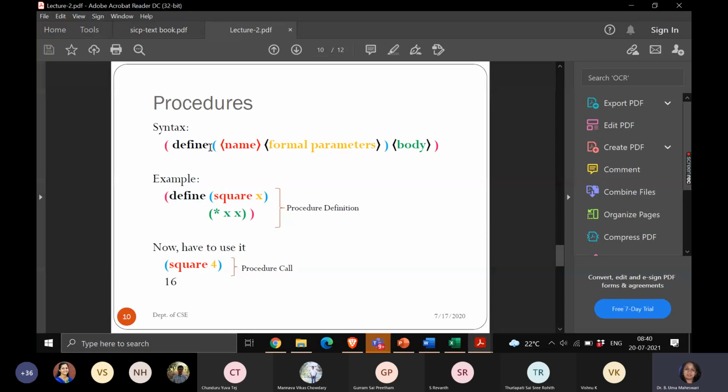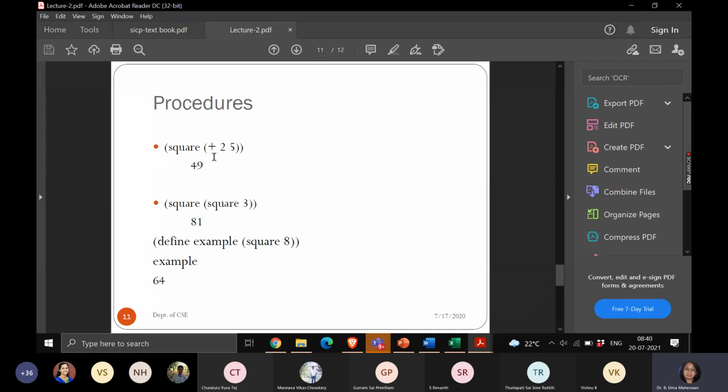You can't eliminate this bracket, and you can't put a bracket only for the arguments. The procedure name and the argument should be written inside a bracket. This is the way of writing the syntax. To call it, within a bracket you call your procedure name with the value 4.